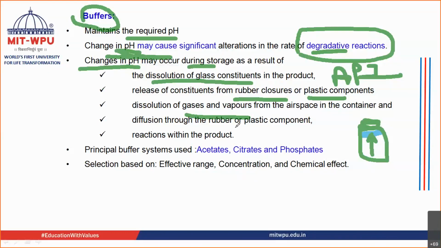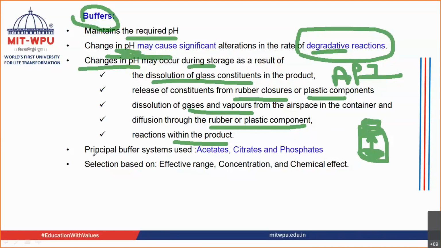So that time also you have to use a buffer in order to avoid the change in pH. It may be because of the diffusion of rubber or plastic components, which I already talked about. So you have rubber over here, you have a plastic container, so there may be diffusion from the rubber or the plastic component, and it may also be because of a reaction within the product. So there may be some reaction that is going to happen within the product. Because of that also there may be a change in pH.